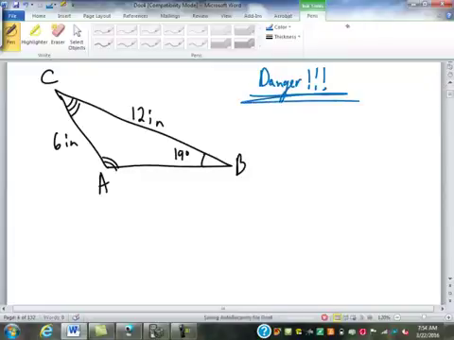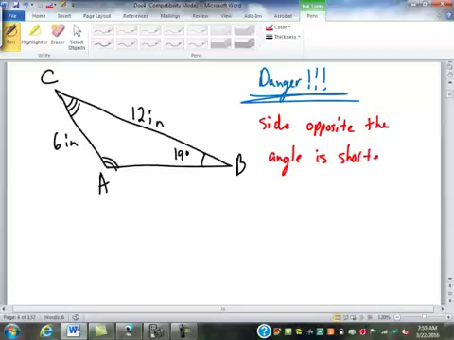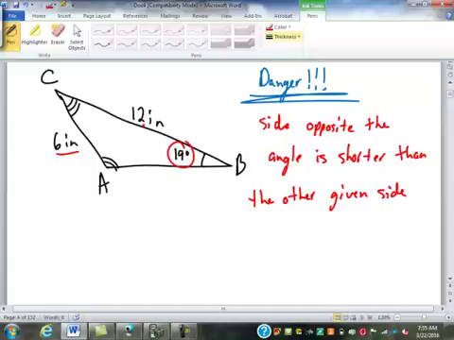Danger warning here. The side opposite the angle is shorter than the other given side. Here's my angle, 19. Here's the side opposite. That's shorter than the 12 inches. Now, in the last example, it was too, but I made sure that one worked out just fine. When this happens, there are actually two possibilities here.